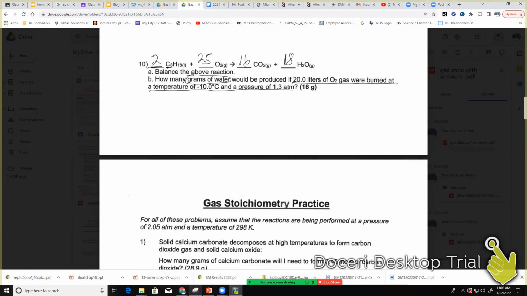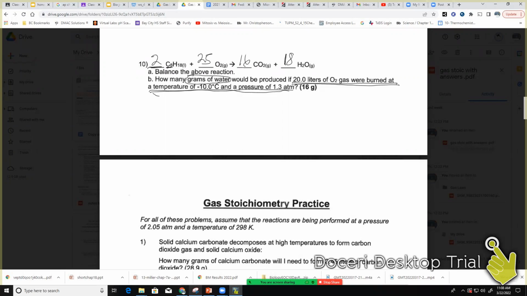Okay, if I use stoichiometry, well, if I have all this information about oxygen, will any of that information somehow get me to grams of water? But that means I'm using which one first?